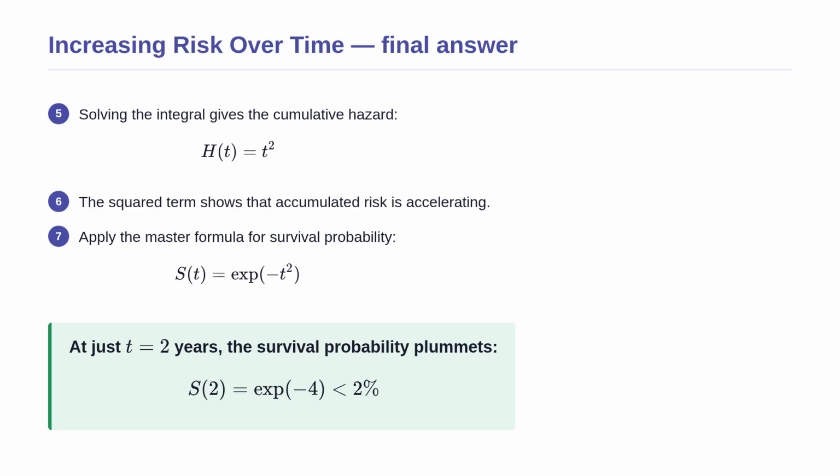Because the time variable is squared inside a negative exponent, this survival curve drops off a cliff much faster than our light bulb. At just 2 years, the survival probability plummets to less than 2%, signaling to the engineer a critical need for early maintenance.